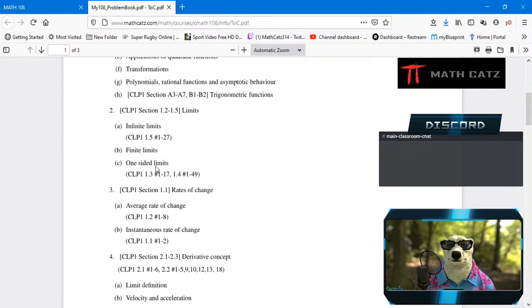Then topic 2 is limits, and topic 3 is rates of change, average rate of change, instantaneous rate of change, which technically is the same as the derivative, but at that stage you don't know that, so there's no mention of a derivative there, but it is the same as the limit definition. So we are stopping. It's topic 1, 2, and 3.